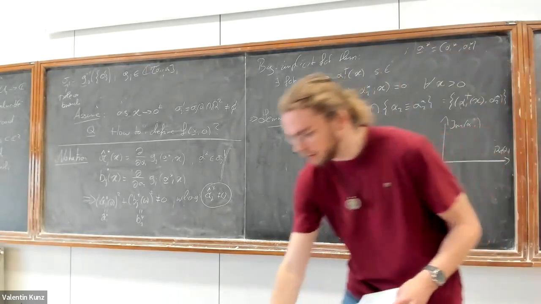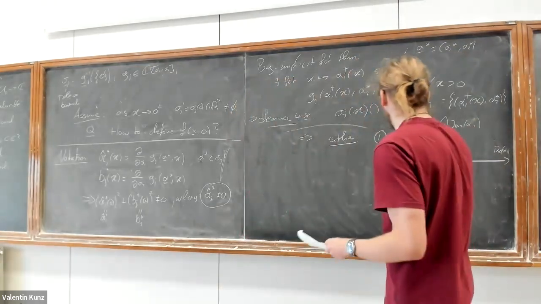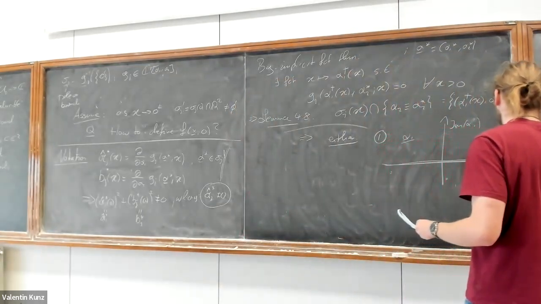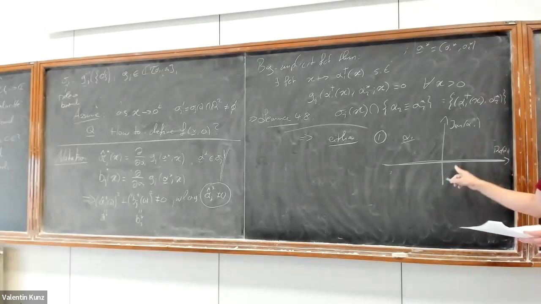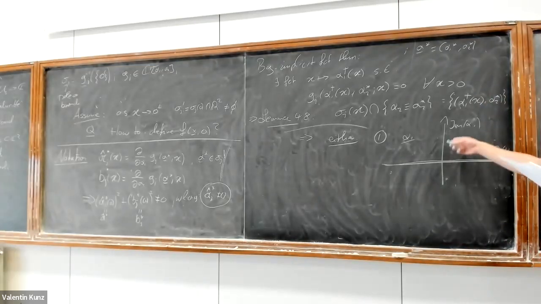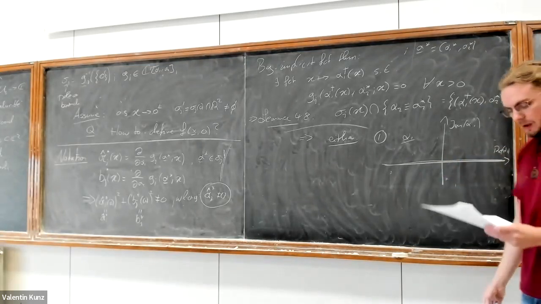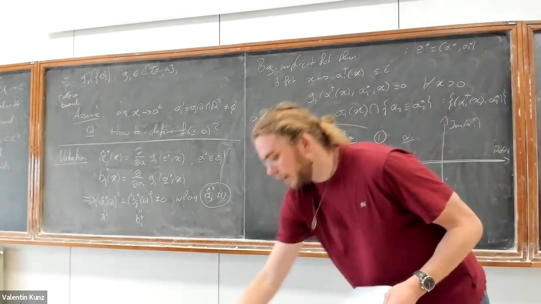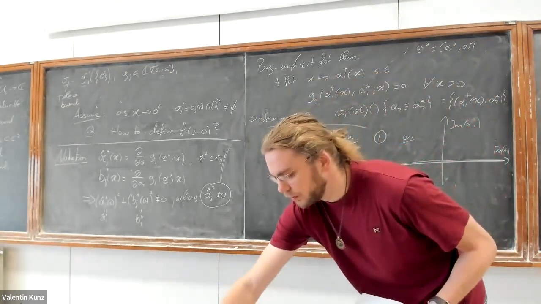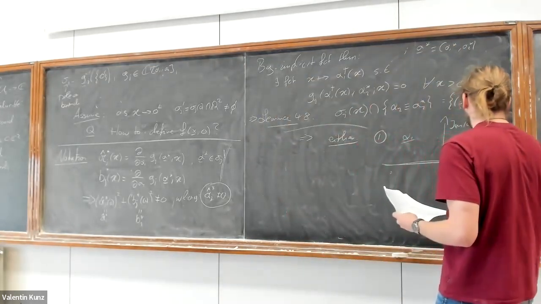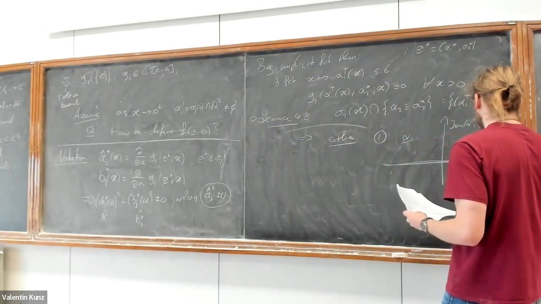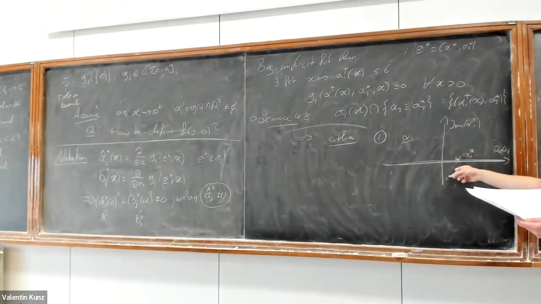Here, this is the real axis, right? This is our integration surface, or in this plane, it is the contour. We have our singular point, alpha 1 star, over here.